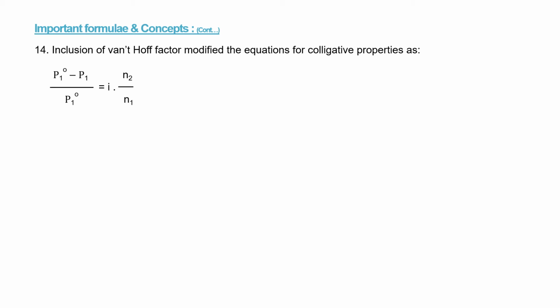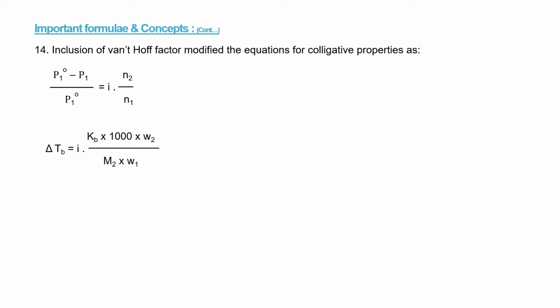In our relative lowering of vapor pressure, our formula is P01 minus P1 upon P01, which is equal to X2, and X2 is nothing but the mole fraction of your solute. Similarly, in this case, we apply the Van't Hoff factor, the correction factor for this colligative property, which gives i into n2 upon n1.